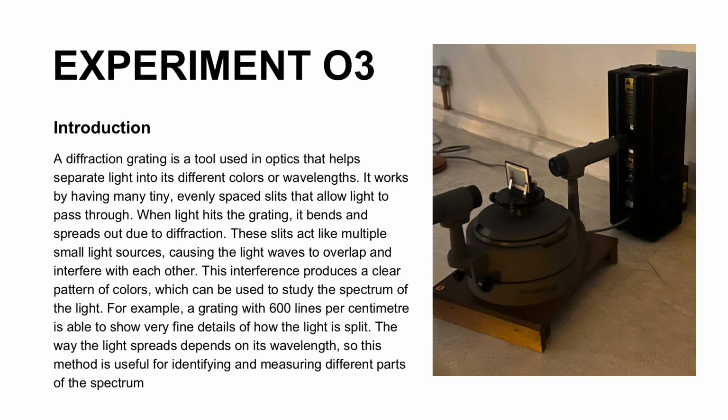When light hits the grating, it bends and spreads out due to diffraction. These slits act like multiple small light sources, causing the light waves to overlap and interfere with each other. This interference produces a clear pattern of colors which can be used to study the spectrum of the light.